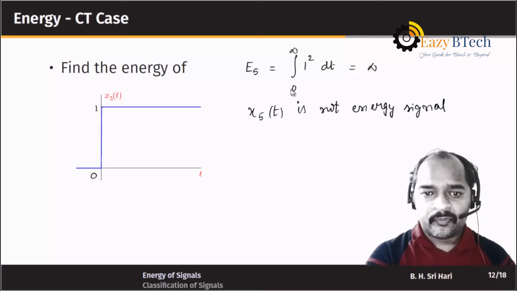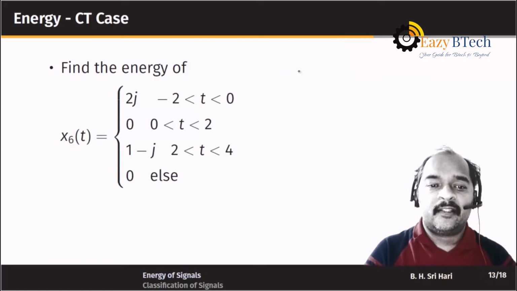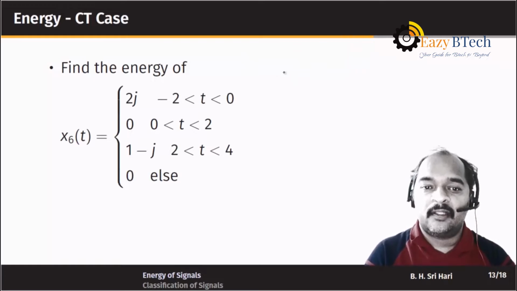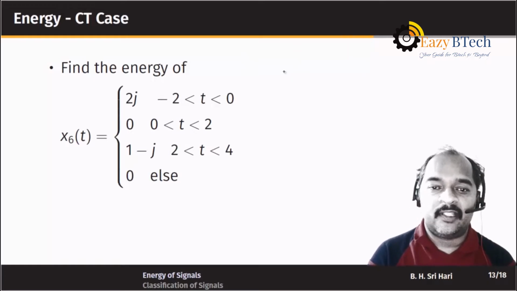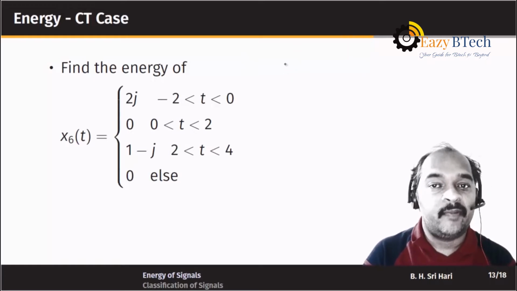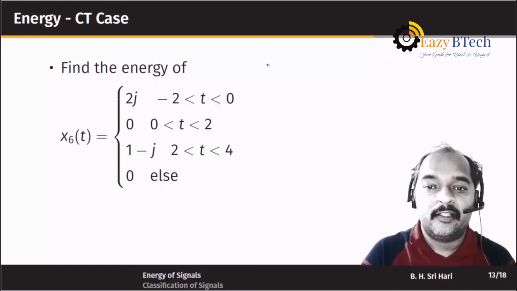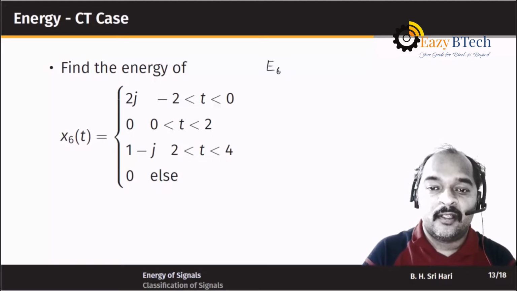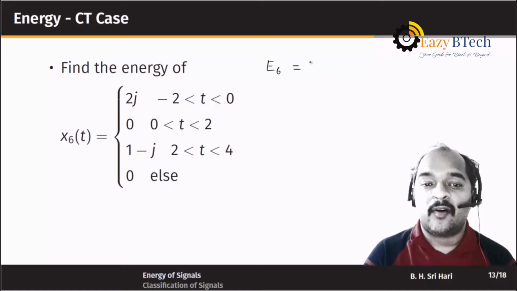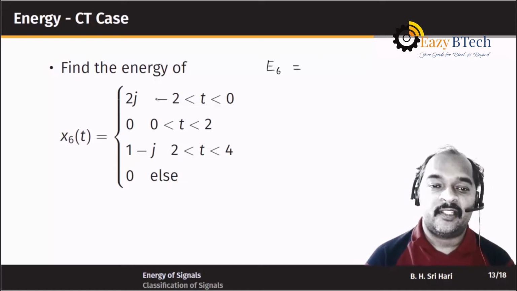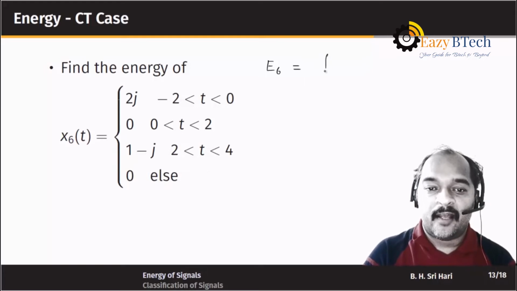Next we'll take an example where the amplitude of the signal is complex, and hence we should be careful in evaluating its energy. From -2 to 0, the amplitude of the signal is 2j. So the integral limits will be from -2 to 0, and because the amplitude is complex, we should take the modulus.